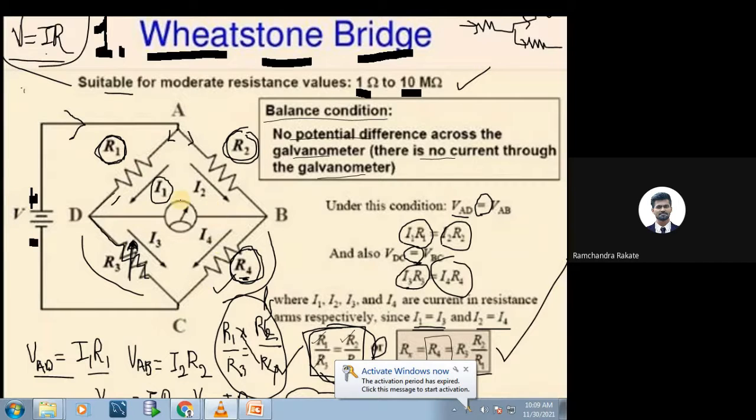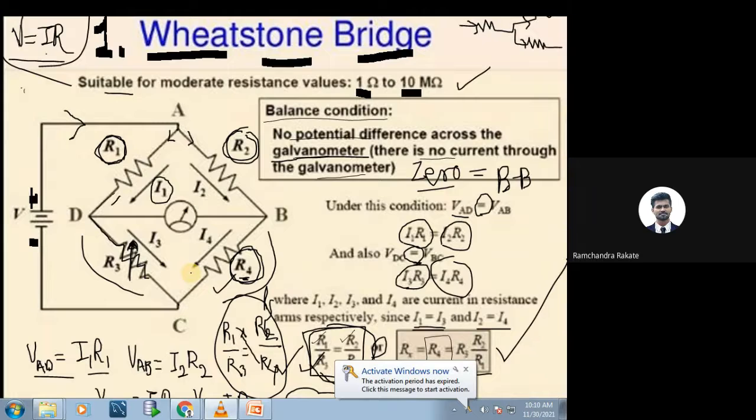The detector is a galvanometer, which works on no deflection or zero deflection. When it shows zero deflection, we say our bridge is balanced, and at that time we use this mathematical equation, and the value we obtain is the value of the unknown resistance. This is the simple working methodology of the Wheatstone bridge. Understood?